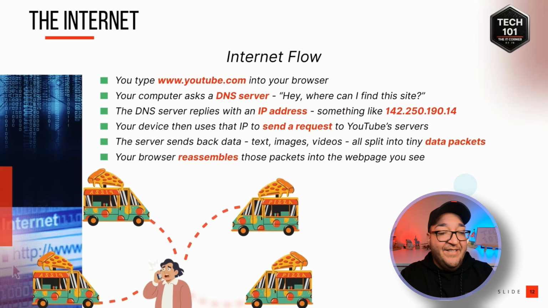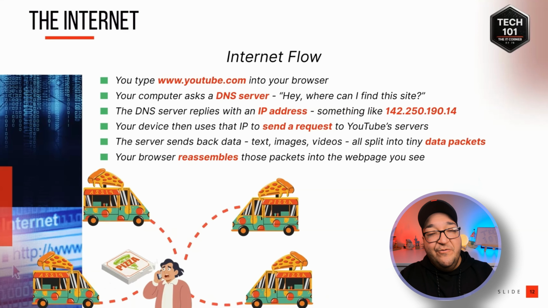Or in this scenario, your YouTube video. I think that's a good analogy. Let me know in the comments what you think. So that's the internet in action. It's one of the coolest systems ever built, and now you understand a really basic approach to how everything works.